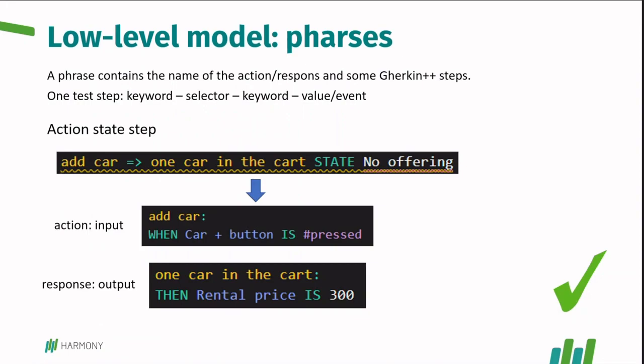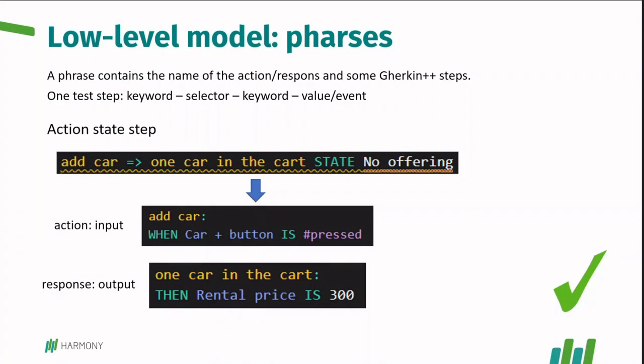And we have the low-level model, we call it phrases, and a phrase contains the name of the action or the response and some Gherkin++ steps. One step consists of the Gherkin keyword when or then, the selector, a keyword is, and a value or an event.